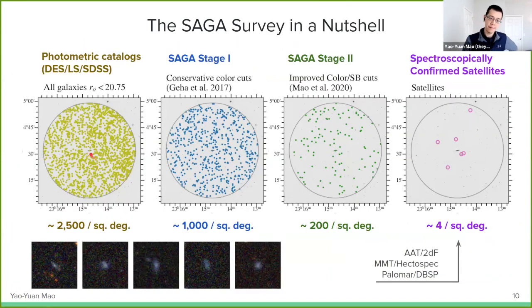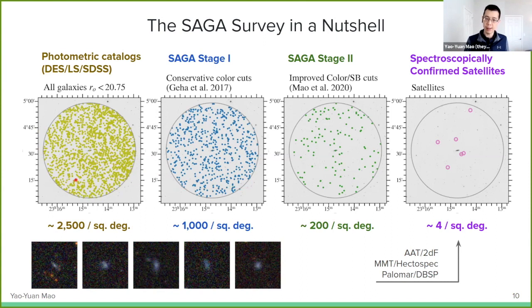Within the field of view, as I showed you earlier, down to our magnitude limit, there are about 2,000 to 3,000 galaxies in the photometric color alone. Most of these are just background galaxies, because the background has much larger volume than the foreground. So our job is to find which of those are actually satellite galaxies in the foreground, not background galaxies.